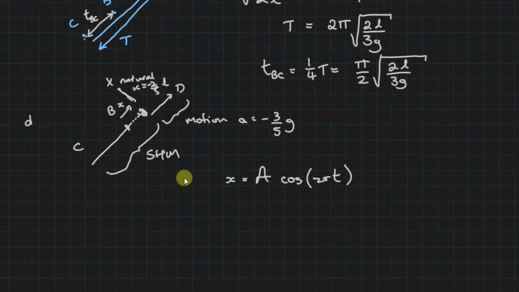The reason we're using the cos form is we started at t equals 0 at a maximum distance, A. We're at maximum amplitude. So we need to put all our variables in. We know the A from here is it 4/5? Yeah, 4/5 L. So A equals 4/5 L.